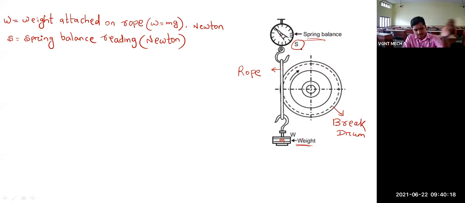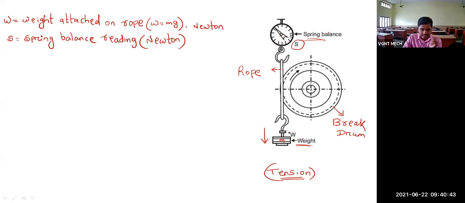If you remember in first year mechanics, you might have heard this word tension. If some string is there, then this tension force comes into the picture. Here the weight is acting downward. According to Newton's third law, every action has an equal and opposite reaction.